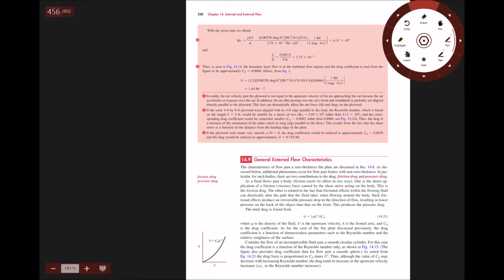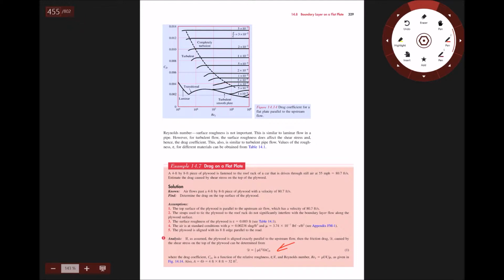and so we're coming up with this number over there, divided by what we need to know, which is epsilon over length. The area here is represented, of course, by the length and the width of your plywood, so your 4 by 8.